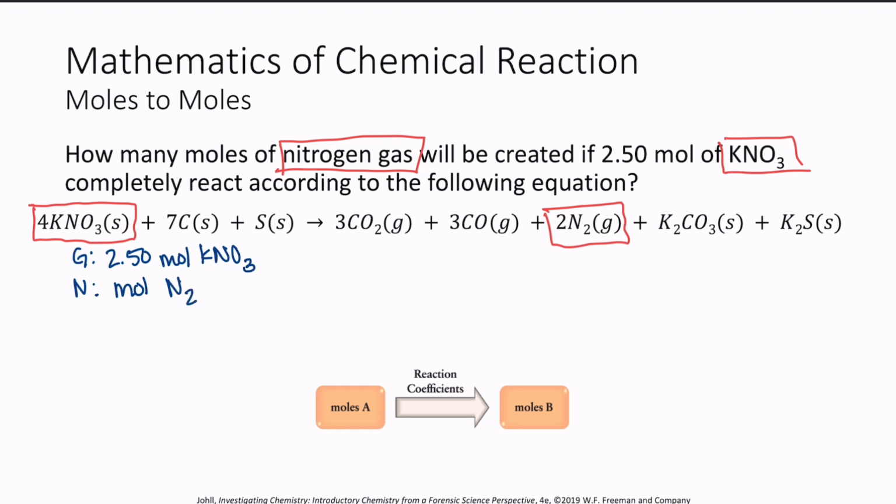Remember, nitrogen is a diatomic element, so nitrogen is N2. When you are converting between two different substances, the only way to do that is with the mole to mole ratio. So I need to look at the coefficients between the two things that I'm interested in. What is the relationship between the two substances, my given and my need? And that is how I will get my conversion factor.